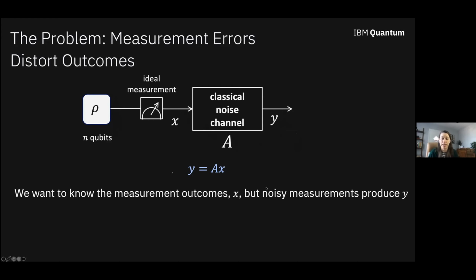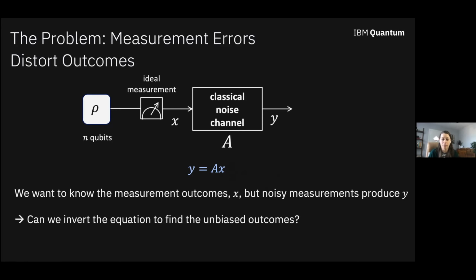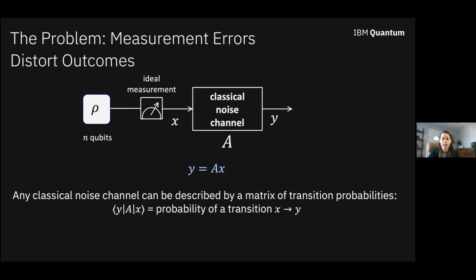So we really need to find a way to invert this process and find the ideal measurement outcomes. So we can model this classical noise channel as a matrix of transition probabilities. But we need to know, how do we find A and how do we find these ideal measurement outcomes?